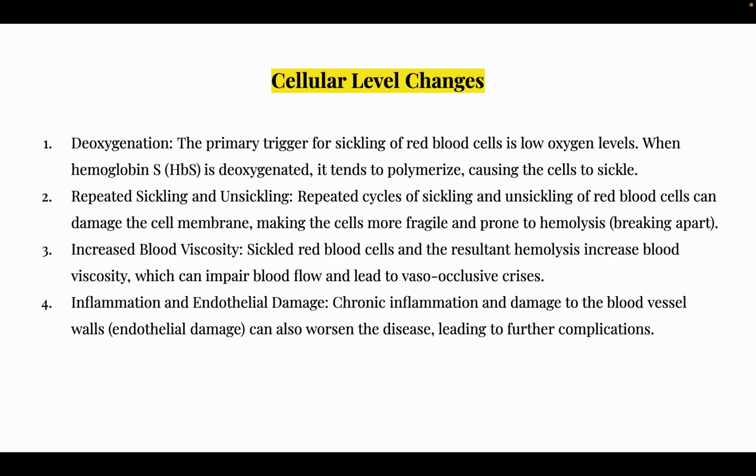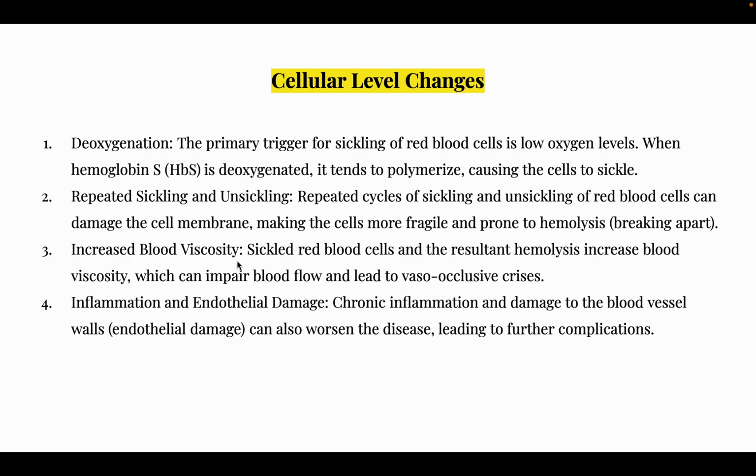Cellular level changes. We have deoxygenation. The primary trigger for sickling of red blood cells is low oxygen levels. When hemoglobin S is deoxygenated, it tends to polymerize, causing cells to sickle. Repeated sickling and unsickling: cycles of sickling and unsickling of red blood cells can damage the cell membrane, making the cells more fragile and prone to hemolysis.